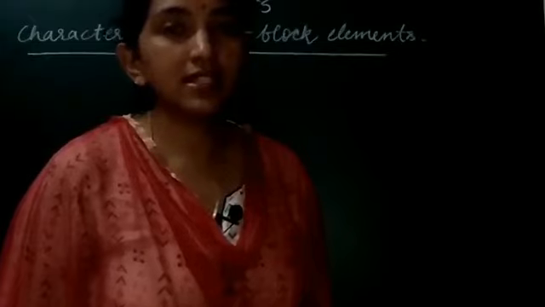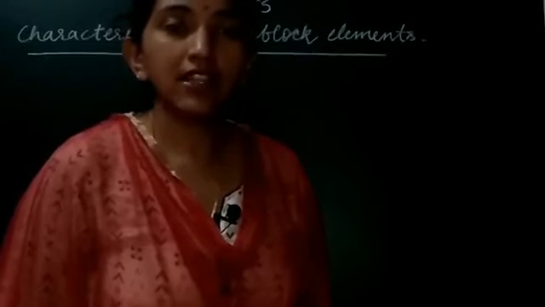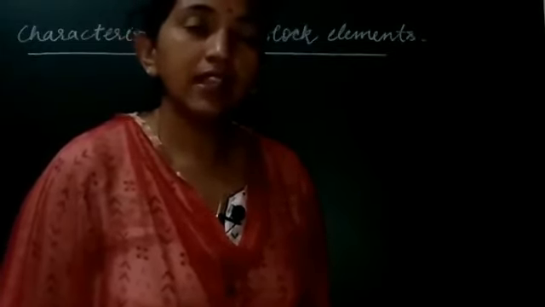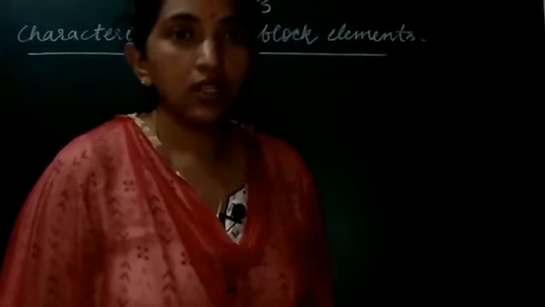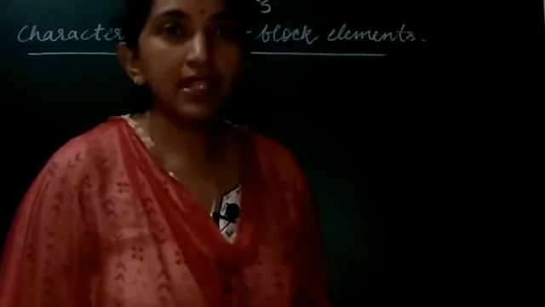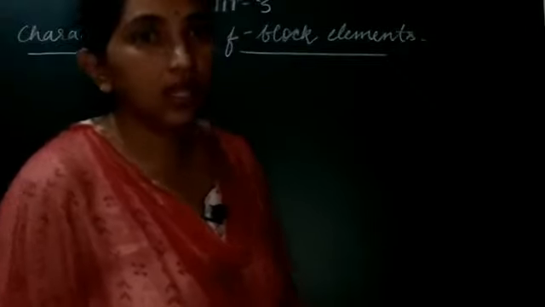As the name suggests, here the last electron will enter the F subshell, so accordingly it is known as the F block element. The F block elements are known as the inner transition series.